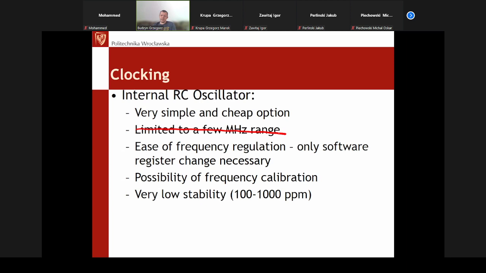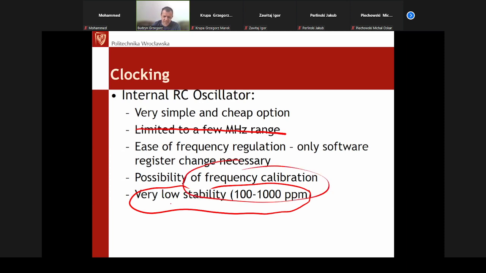Manufacturers improved the RC oscillators so much that we can find even 64 megahertz on chip. Of course, they are cheaper because we need no components. Everything is integrated inside. They have low stability, and that's the problem. Sometimes they need a calibration. That's another problem. So if you want to make precise clocking, an internal RC oscillator is never a good idea.